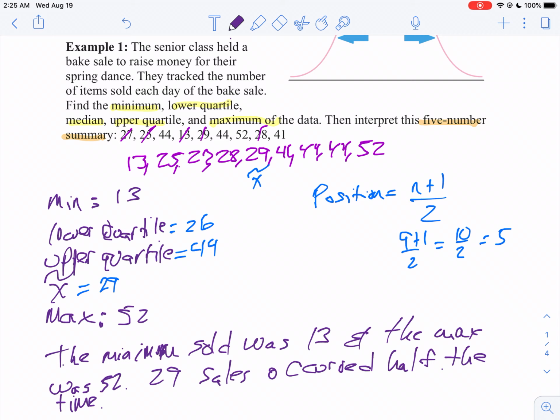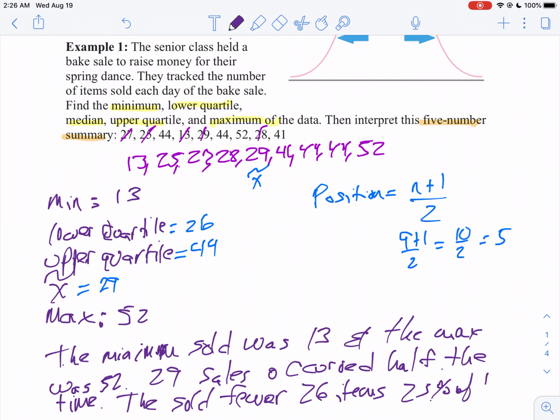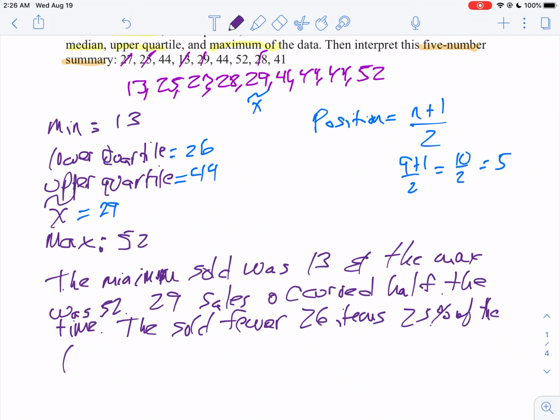And then we'd say they sold fewer than 26 items 25% of the time, and sold more than 44 items 25% of the time.